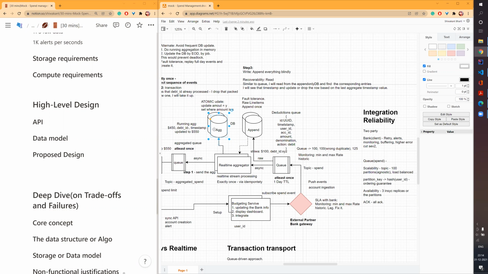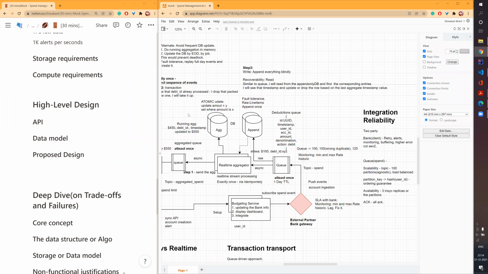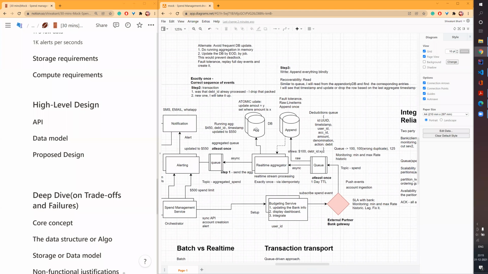What we can do is use a wide column data store with quorum consistency, and if once in a while we get some loss of information, I think we can live with that. But in general, monthly this is anyway getting flushed out. So I think I can use some wide column data store, and that will provide, with quorum consistency, almost the accuracy that we want.